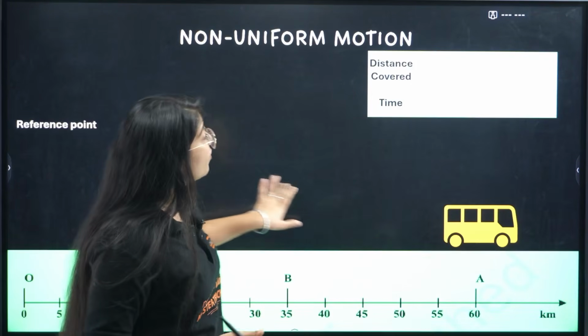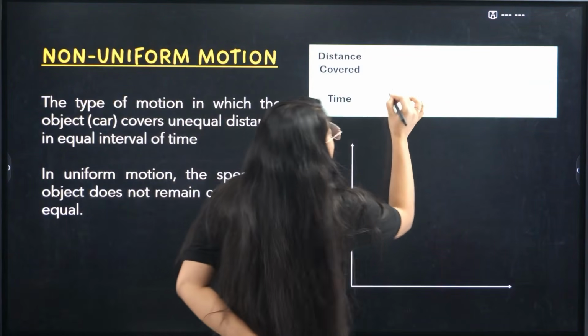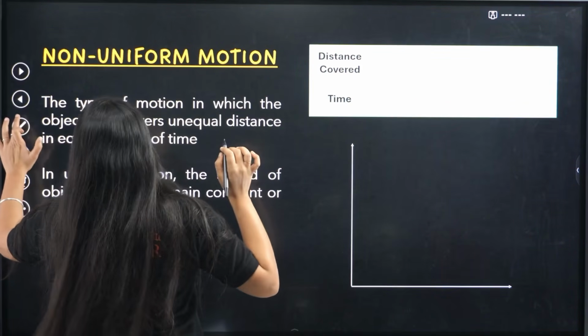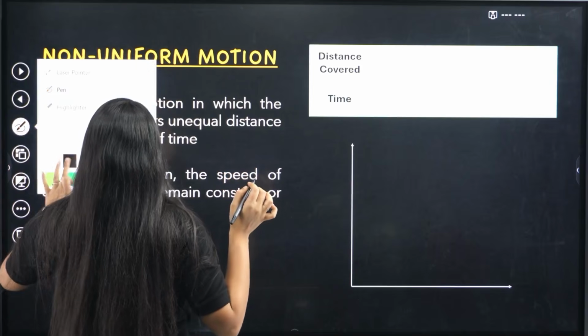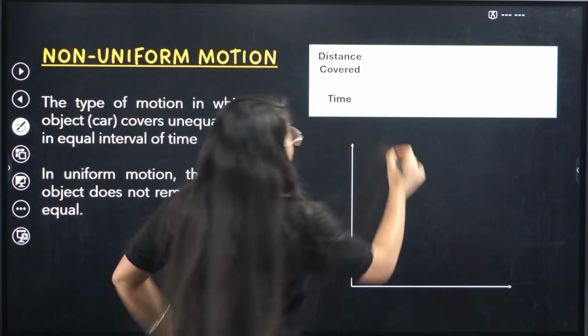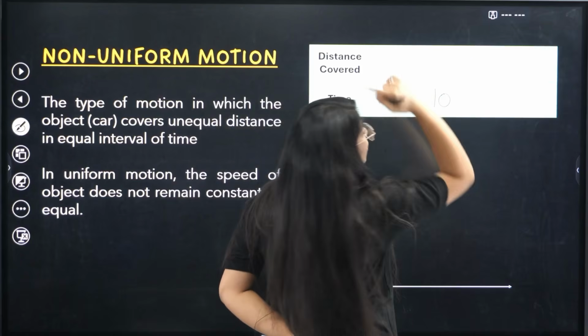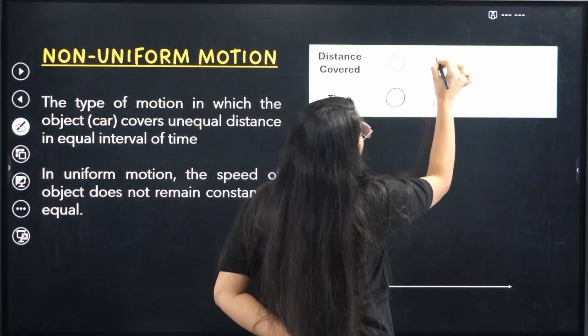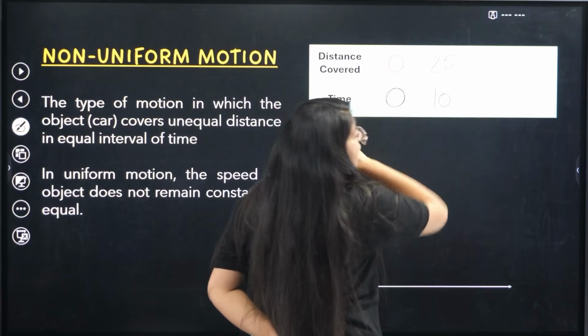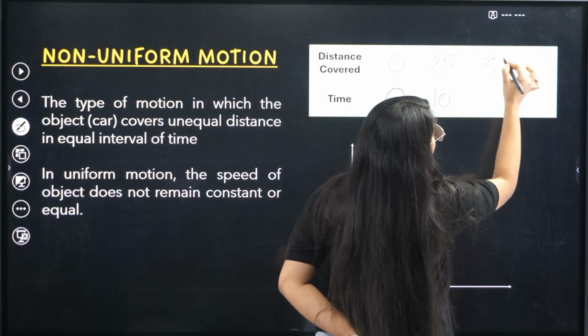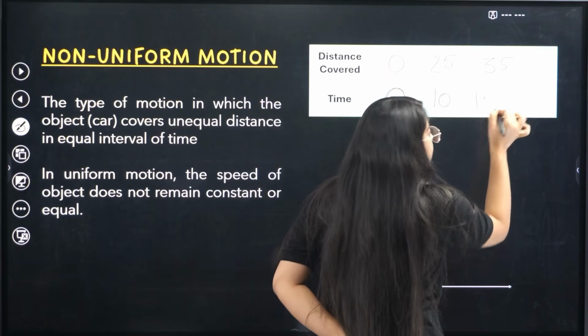So what are the table values we got now? The time interval is exactly the same. It is still taking 10 seconds. So first it started at 0 seconds. At 10 seconds, it reached the second house, which was at 25 meters. Then it just went to 35 meters in another 10 seconds.